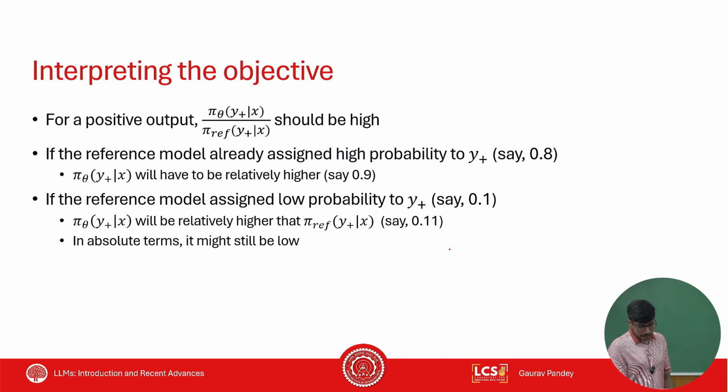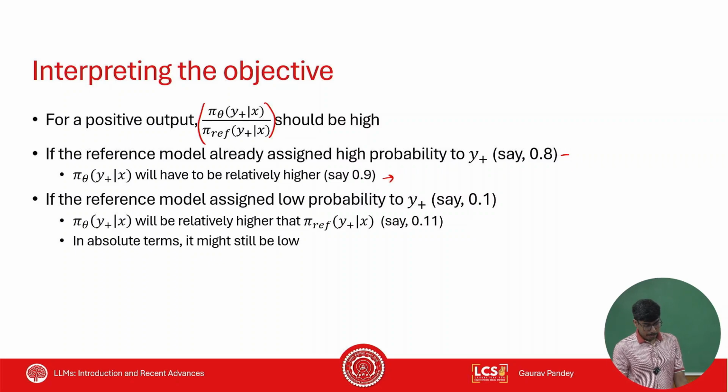So let's say there is a positive output y plus, and the model already assigns high probability to it. In order to increase this quantity, what will the model have to do? Let's say it was assigning earlier 0.8, the model can increase the probability to 0.9.